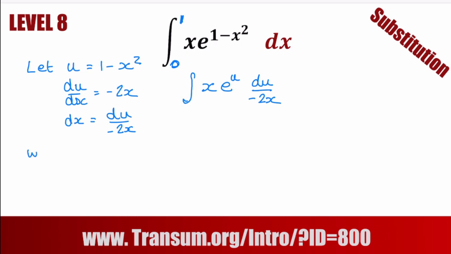So the first one is when x is 1. We can see from our substitution here that when x is 1, u is equal to 0. And the other limit, when x is equal to 0, if we substitute it into here, we can see that u is equal to 1. So it turns out that we're now integrating between 0 and 1, like that.